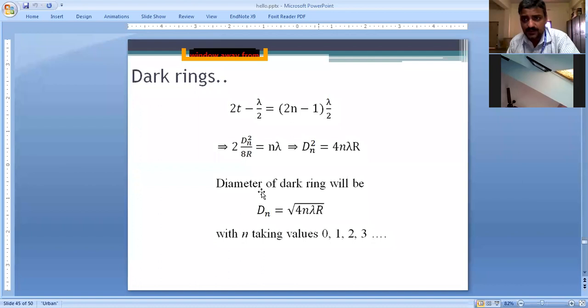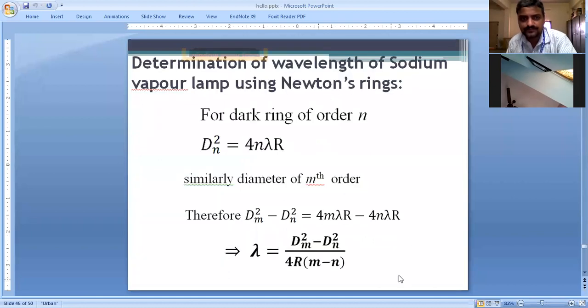So in any experiment, the significance is given only to dark rings. Most of the expressions are involved with the dark ring, but not with the bright ring. I'm not saying you discard the bright ring. You may get problems in the exam, but most of the derivations here are done only with the dark ring. So I'll move to the next slide.